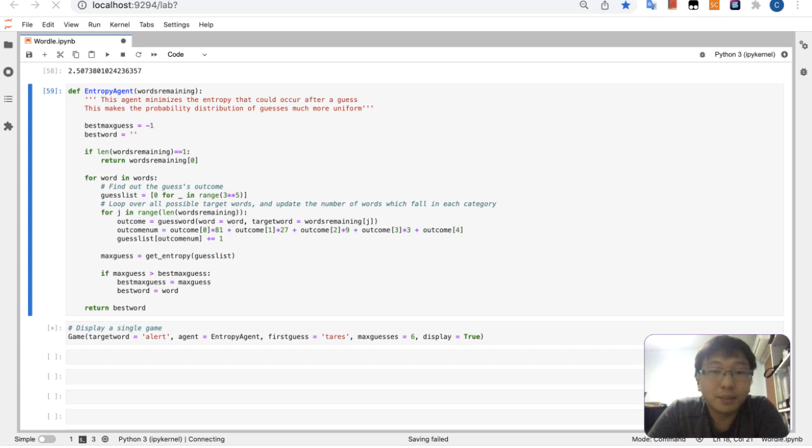Based on some experiments that I'll do, we'll see which one is better. Then I will try to do some agent that maybe minimizes the mean. Actually, mean is not a good way, because regardless of the guess outcomes, the mean will always be the same.